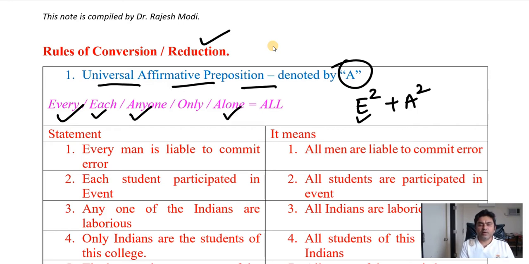So if this is a starting point, then you can say it is universal in nature, and whether it is positive or negative you will come across when you read the sentences.